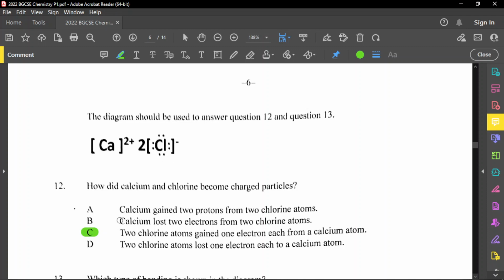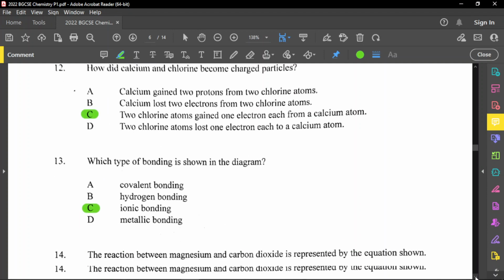The correct option, without going through the others, is that 2 chlorine atoms gain 1 electron each, because again, it's a negative 1 and you require 2 of them. And for the calcium partner, it said 1 electron each from a calcium atom. So the calcium gives up 2 electrons, 1 to each chlorine. So option C is the correct answer.